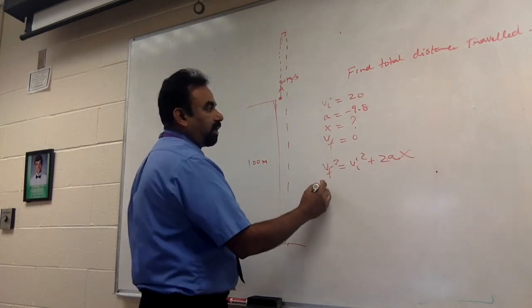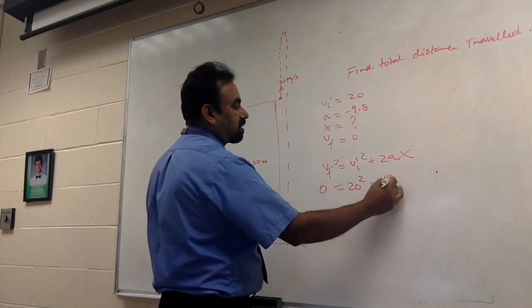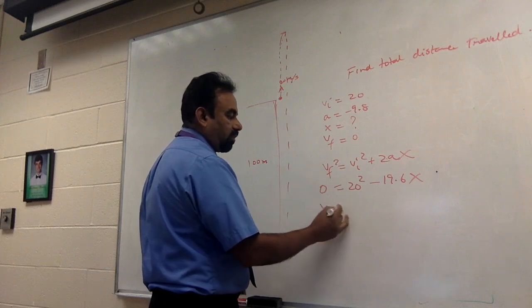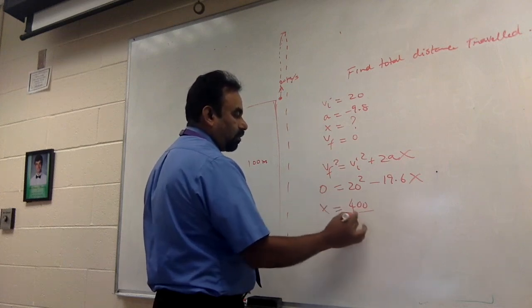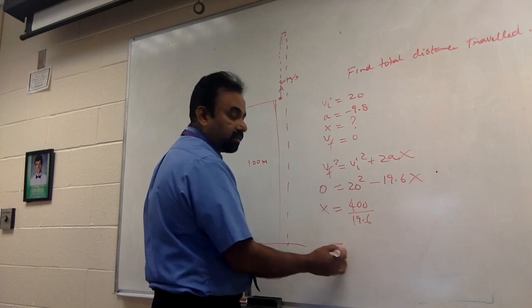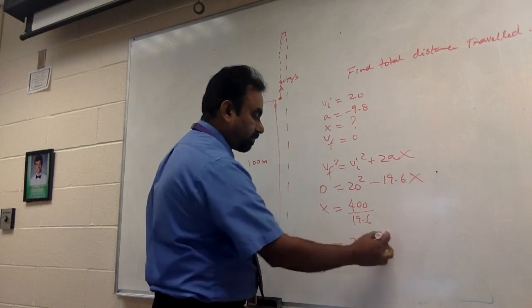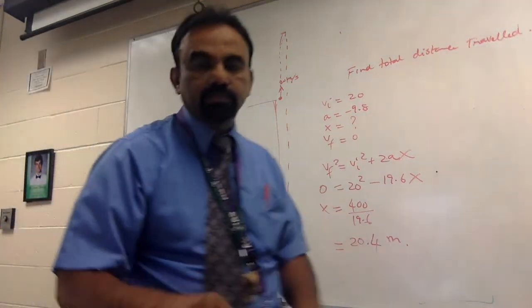So Vf squared, 0, equals 20 squared minus 19.6x. So x is equal to 20 squared, which is 400, over 19.6. It's 20.4.